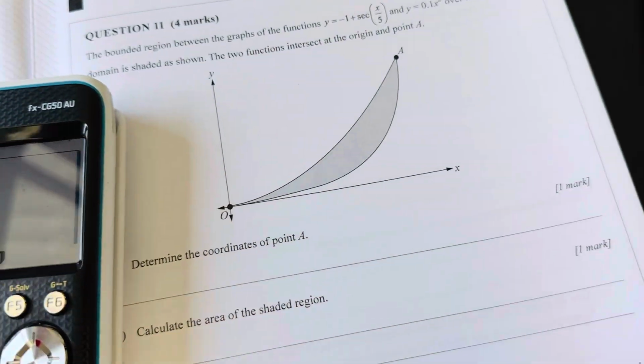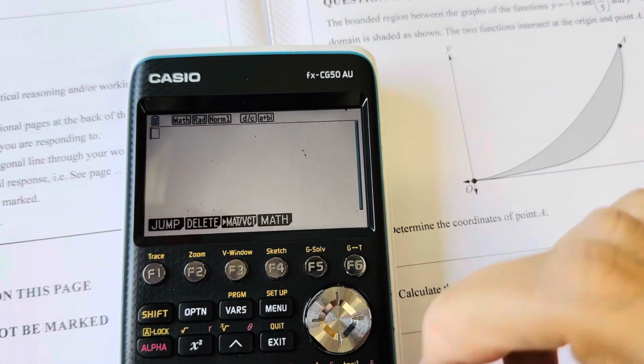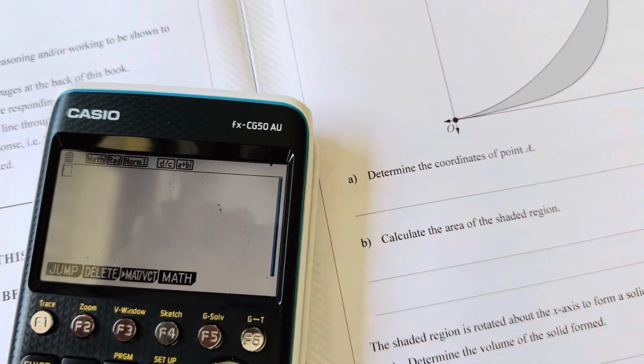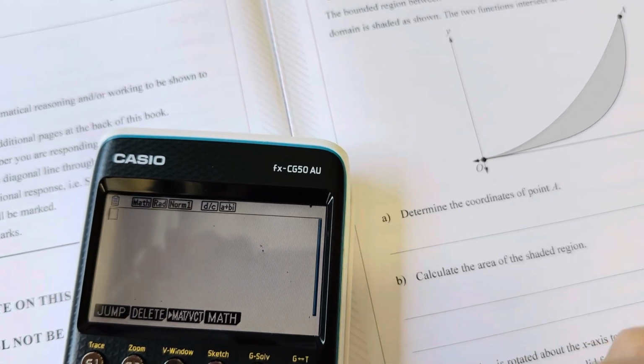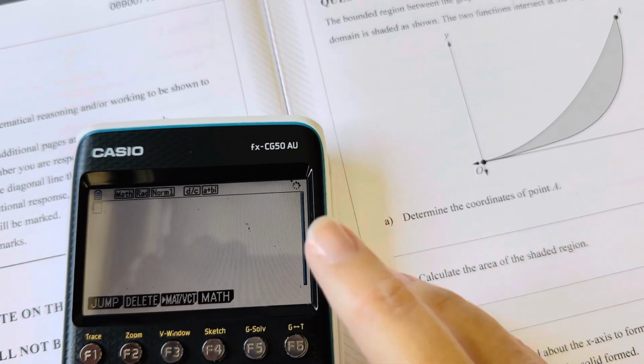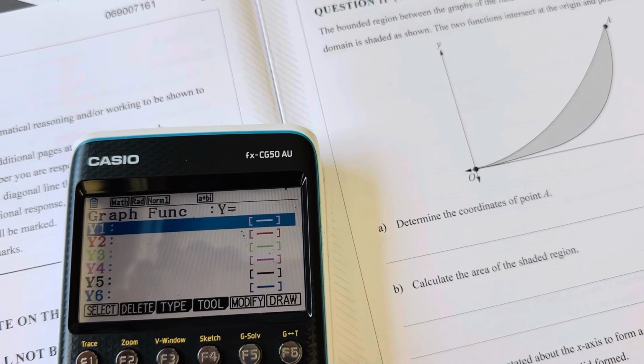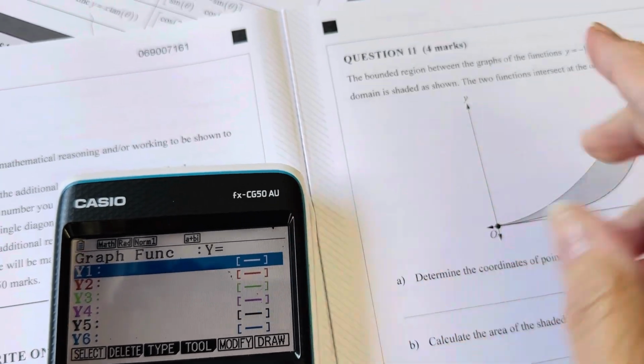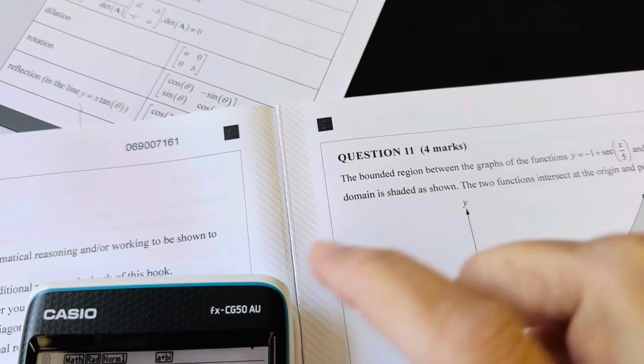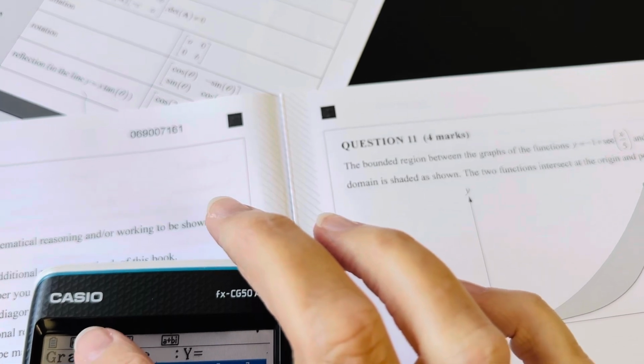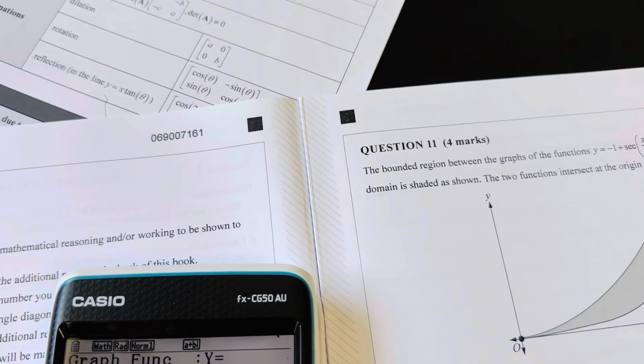All right. As my first thing, I'm going to go to my graph. I am checking, because I am doing trig, that I am in radian mode. Cool.